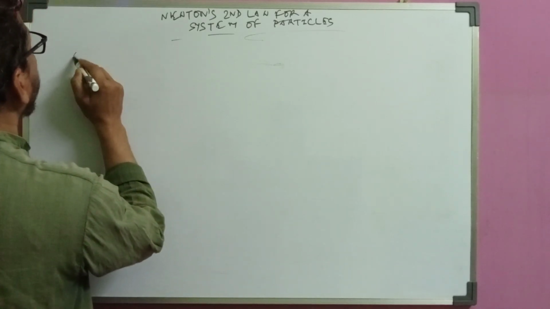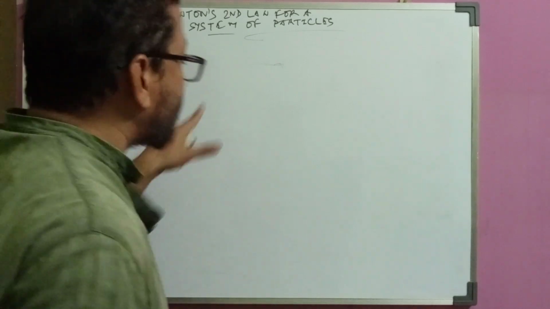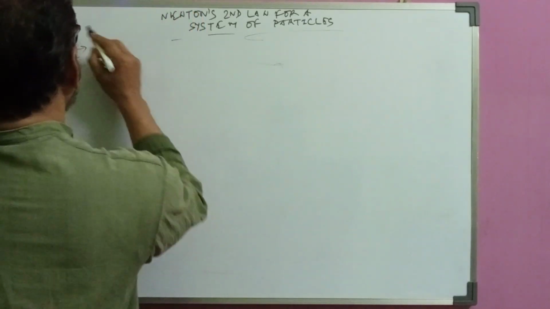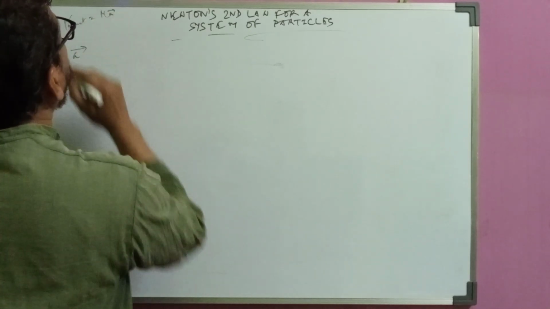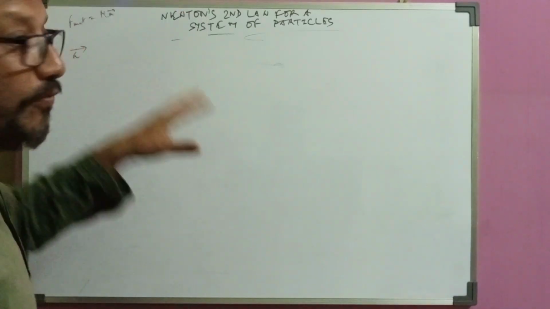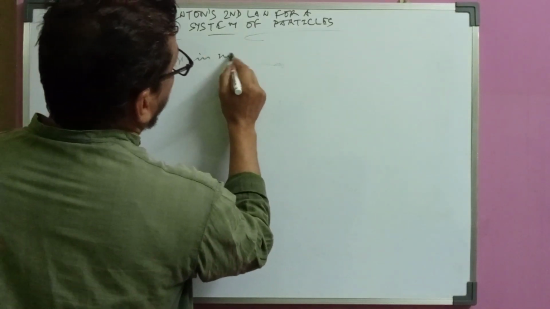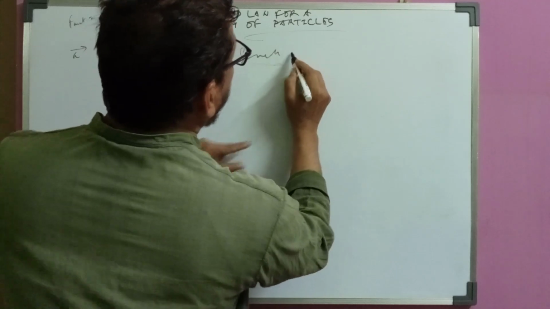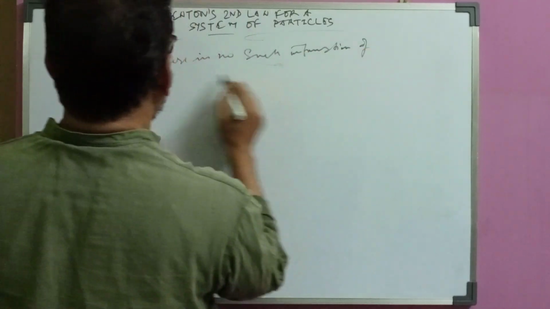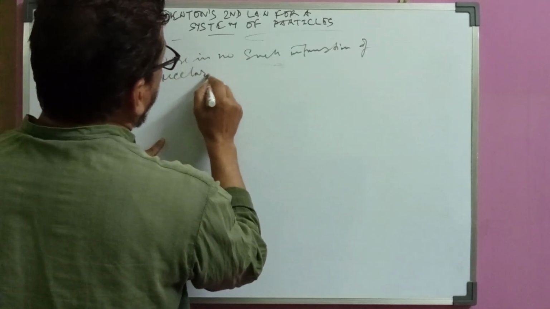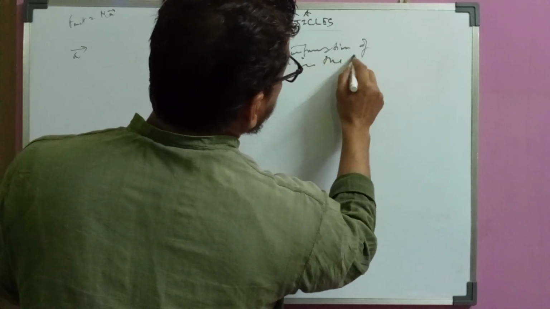The main thing is this: in the total system of F net is equal to ma, there is no such information of acceleration within the system.